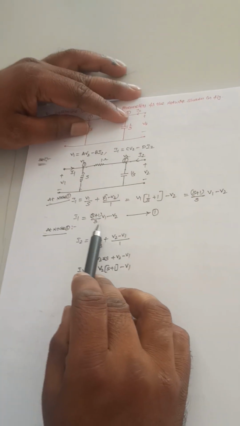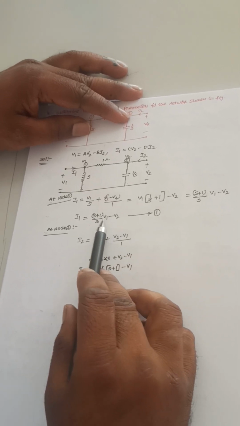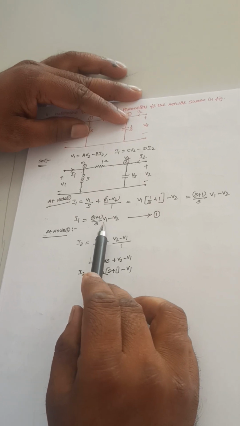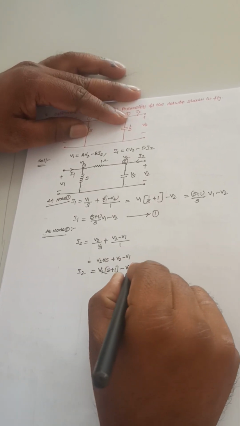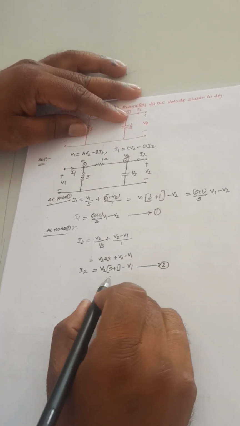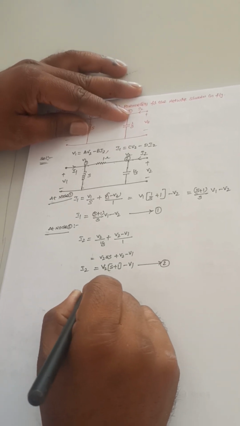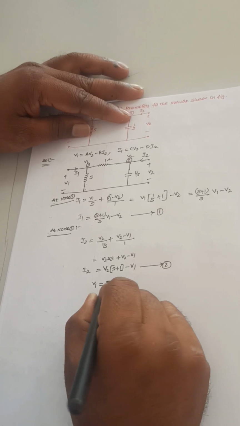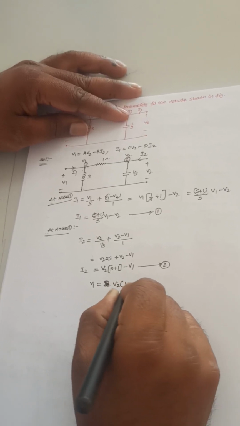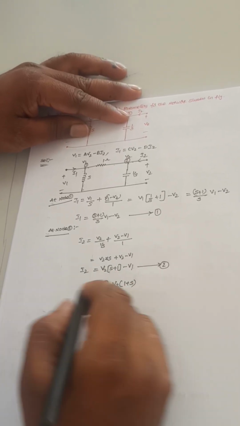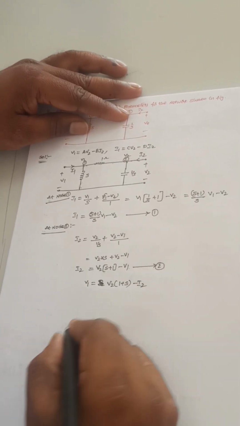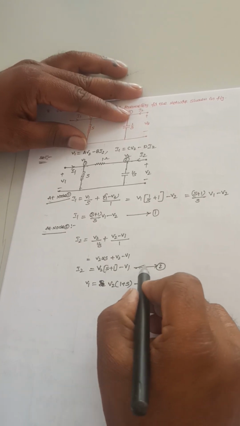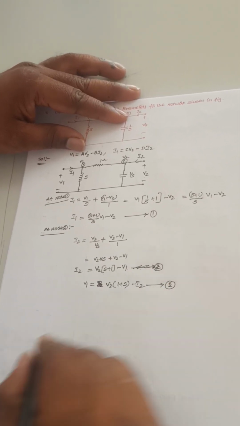So I1 is equal to AV2 minus BI2. I need to write V1 in terms of V2 and I2. For that I am using this expression here. So V1 is equal to V2 into 1 plus S, and if I bring this term over, minus I2. Let us consider this as equation number 2.